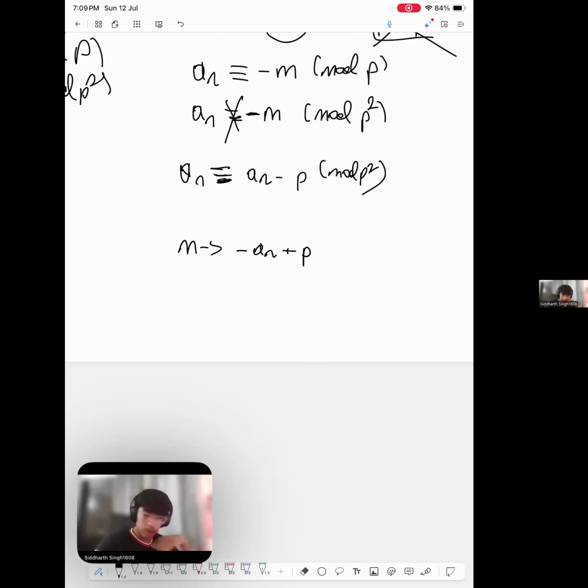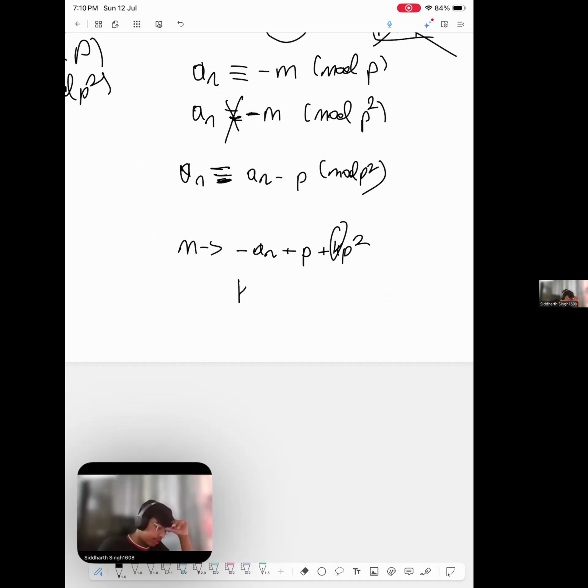And what I mean by this is, don't take m explicitly as p minus an. Take this as some number such that this is congruent to that thing mod p square. If I were to frame it without using modular terms, I would write it as, take m as minus an plus p plus kp square, such that k is a very large number.